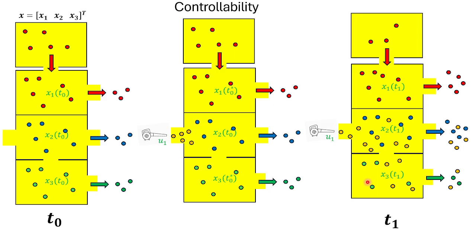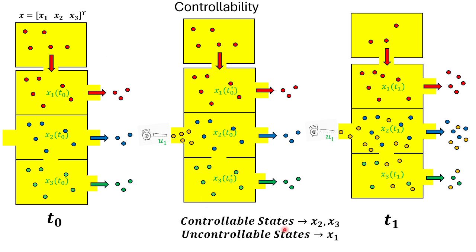So we can see that out of these three states, x1, x2, and x3, x2 and x3 are our controllable states, and x1 is an uncontrollable state. Now if we ask, is this whole system controllable?